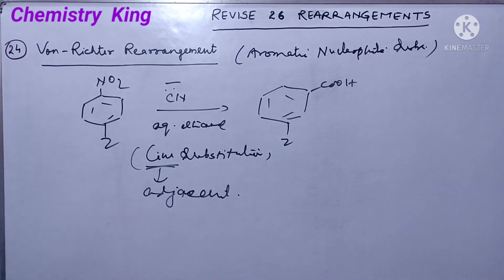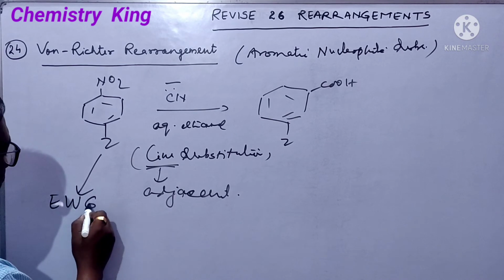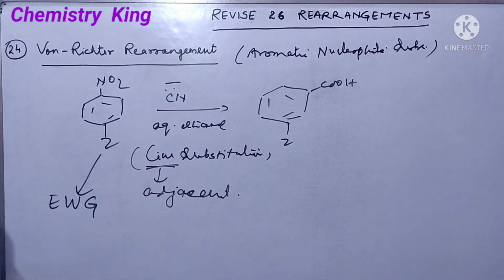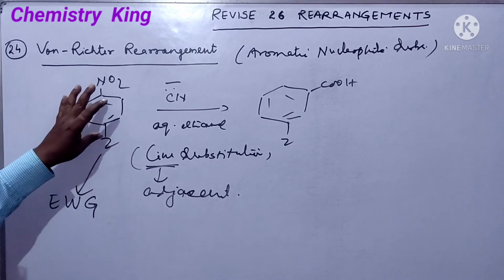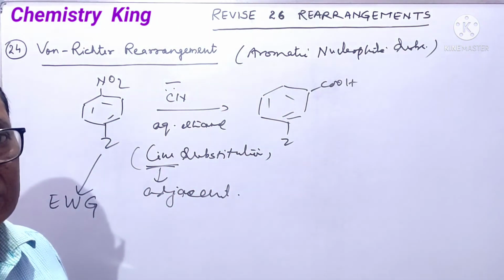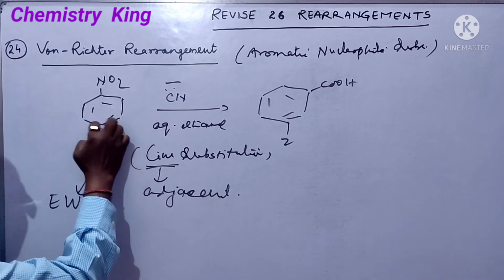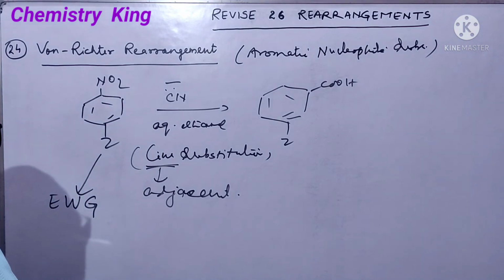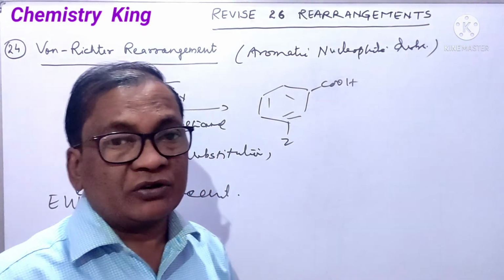And Z is any group which is electron withdrawing group. Due to presence of electron withdrawing group in benzene ring, rate of reaction is increased because this group will decrease the electron density of benzene ring. This nitro group is already electron withdrawing group.